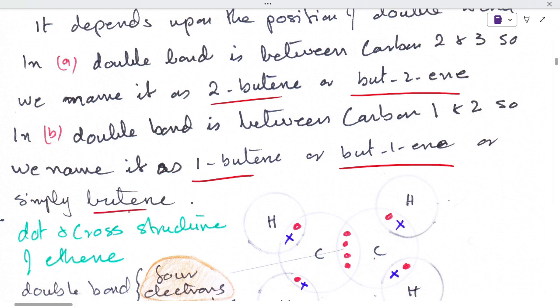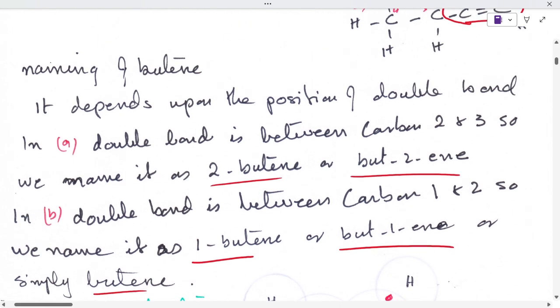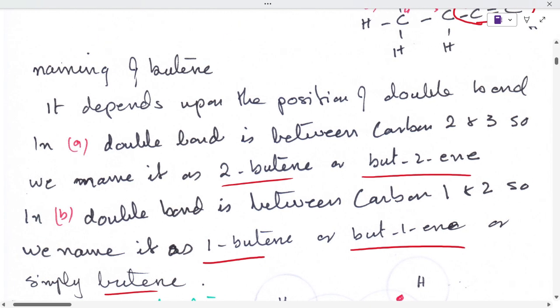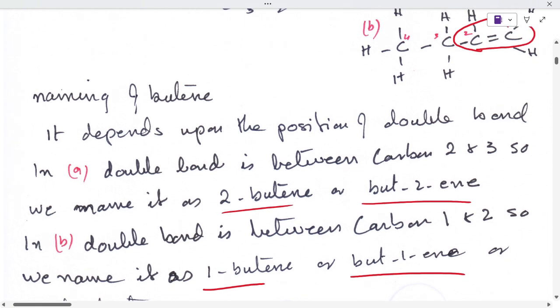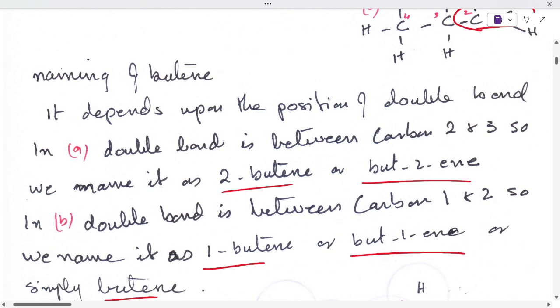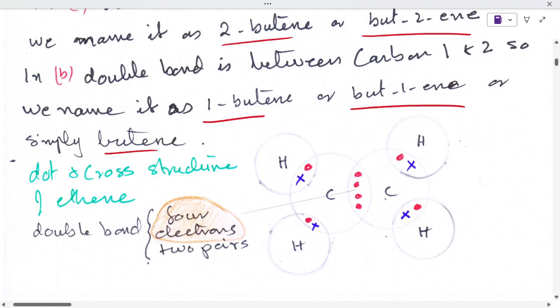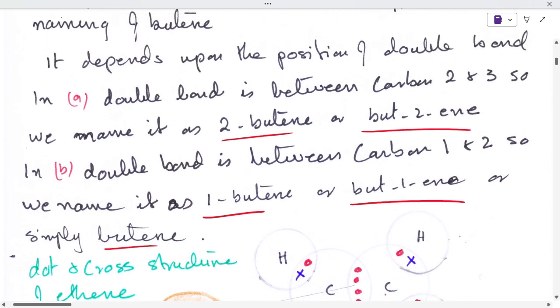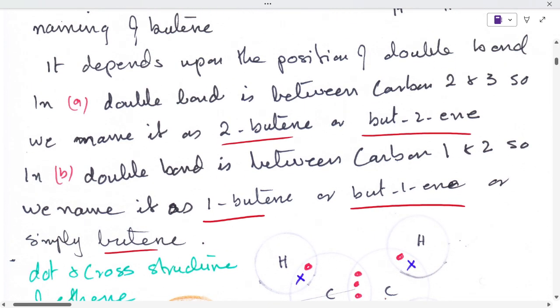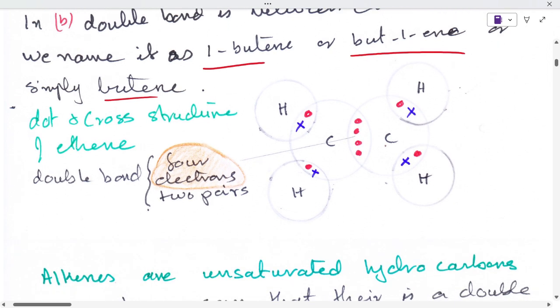So we should know that the number given must be the least. We are going to choose the lesser number for the double bond. It should be easy for you because we have been studying covalent bonds and dot and cross structures.